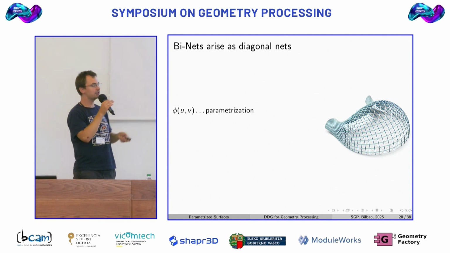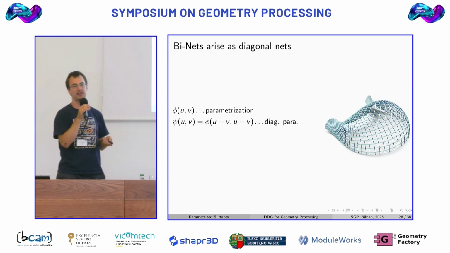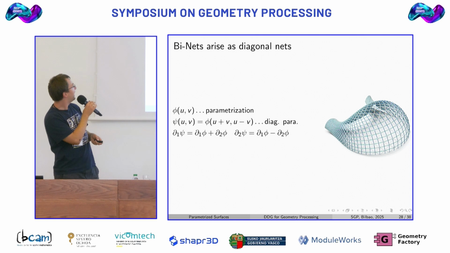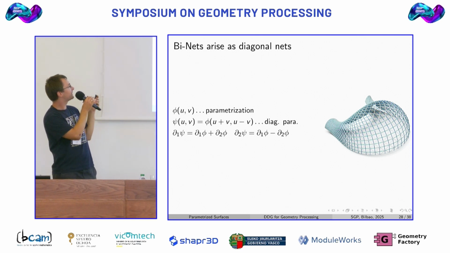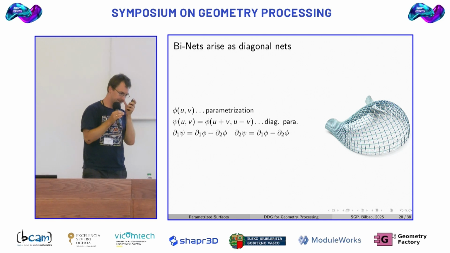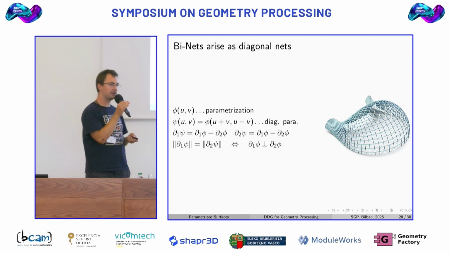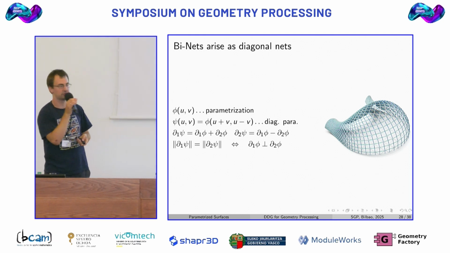If we have a parametrization, we can switch to the diagonal parametrization by just switching from uv to u plus v and u minus v. And then we know that this diagonal parametrization is rhombic if and only if the initial parametrization is orthogonal.